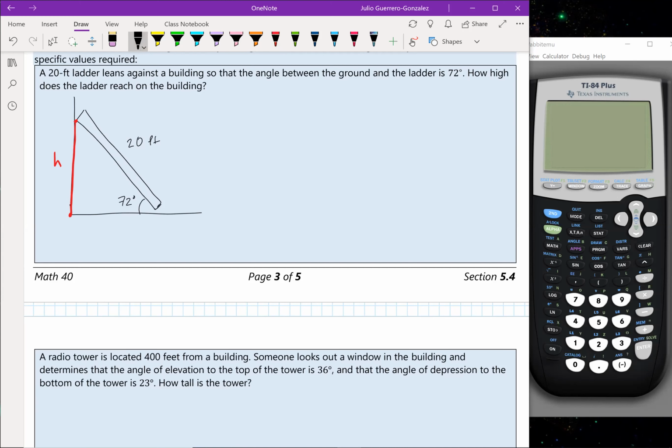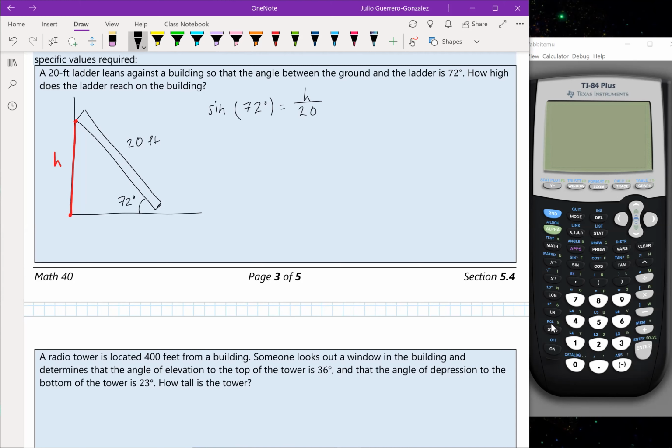Okay. So sine is the one that we need, because it's opposite over hypotenuse. Sine of the 72 degrees is equal to opposite, h, divided by 20.